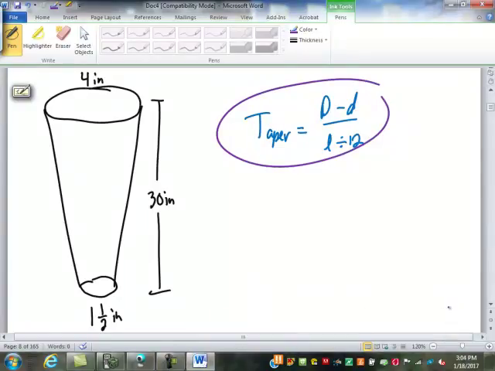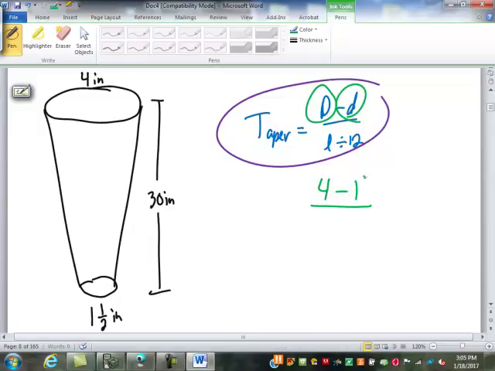Okay, so plugging numbers into our formula, what goes in for big D? What's the large diameter here? 4, good. What goes in for little d, the small diameter? 1.5. Good.